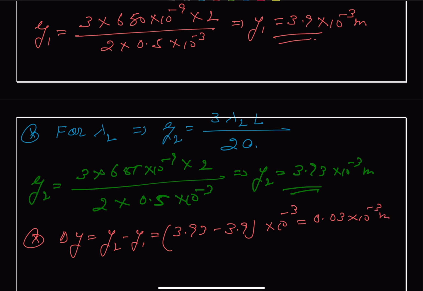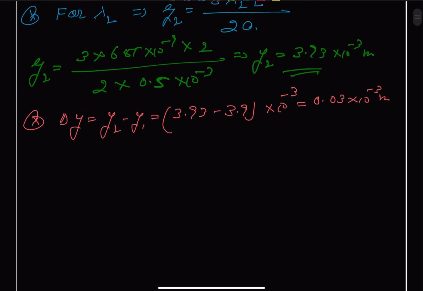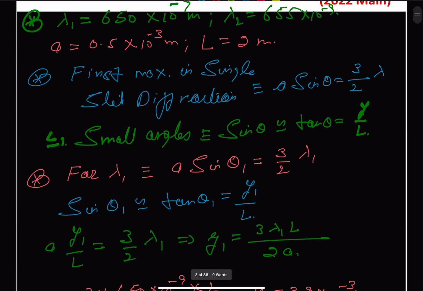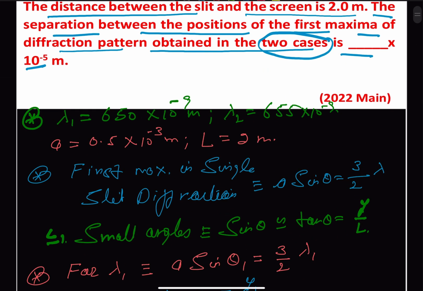Or we can further write that delta y is equal to 3 into 10 to the power minus 5 meters. Therefore, the answer is 3.